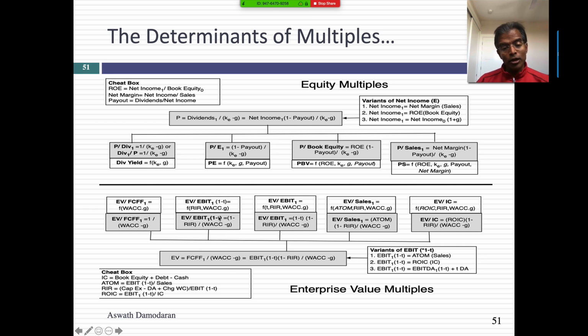Enterprise value to after-tax operating income is a function of my reinvestment rate, my cost of capital, and my growth rate. And again, all I'm doing is taking my model and doing algebra. EV to EBIT is a function of my tax rate, my reinvestment rate, my cost of capital, and my growth rate. And EV to sales, you already saw. You saw margin pop up, and EV to invested capital is return on invested capital.